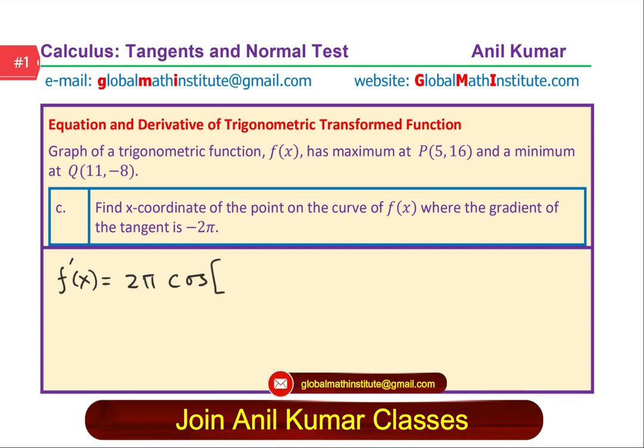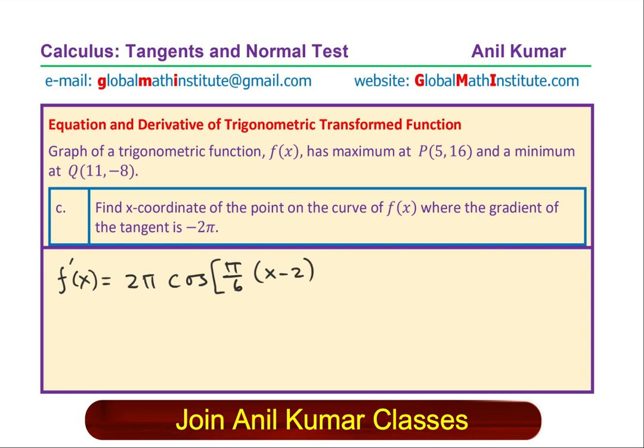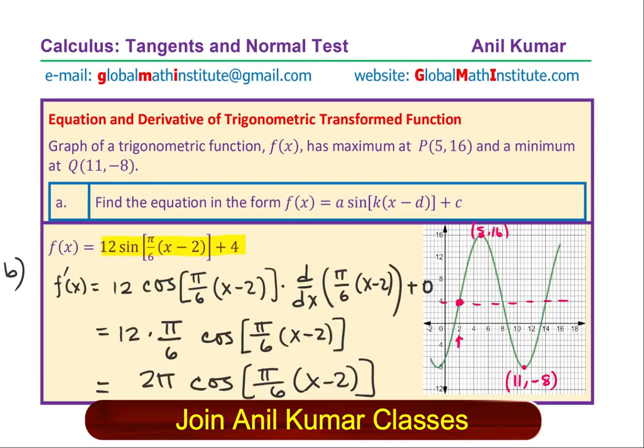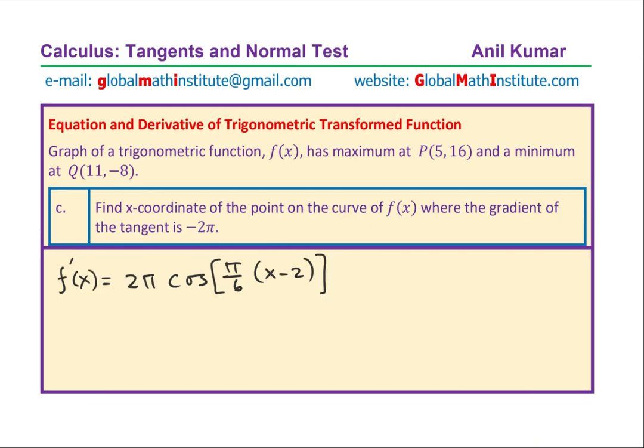Okay, so pi by 6 times x minus 2, right? So that is the derivative, correct? Now this we want to equate to minus 2 pi, correct? Find the x coordinate of the point on the curve where the gradient of the tangent is minus 2 pi. Correct? So we'll equate. So let's solve this now.